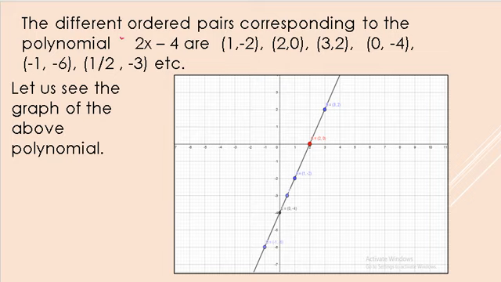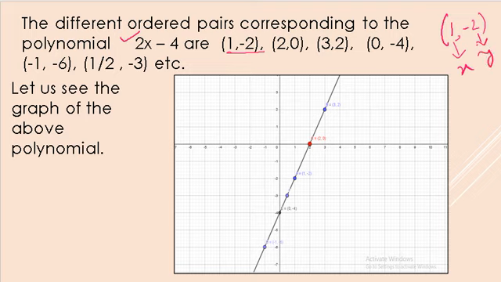Next, the ordered pairs corresponding to the polynomial 2x minus 4 are (1, minus 2). We can write it like this: open bracket, then we put 1 and minus 2. Why is it called ordered? Because the first value is related to x and the second value is related to y.